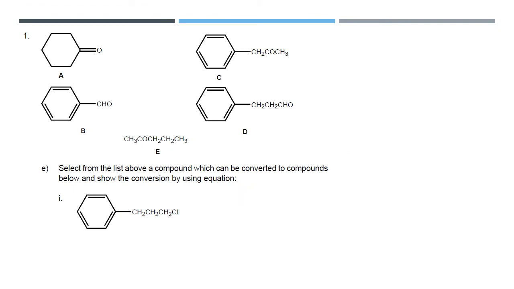Question E, select from the list above a compound which can be converted to the compound below, and show the conversion by using equations. So we want to produce the compound that is given. We have to find the compound that has the nearest structure to this. So I believe it is D. Why?